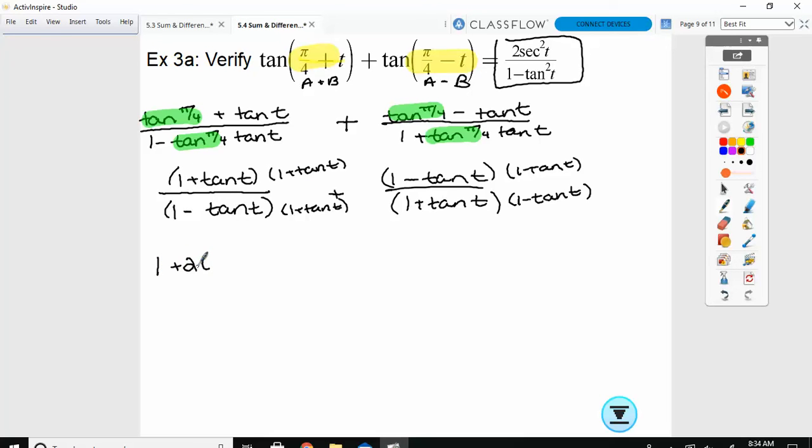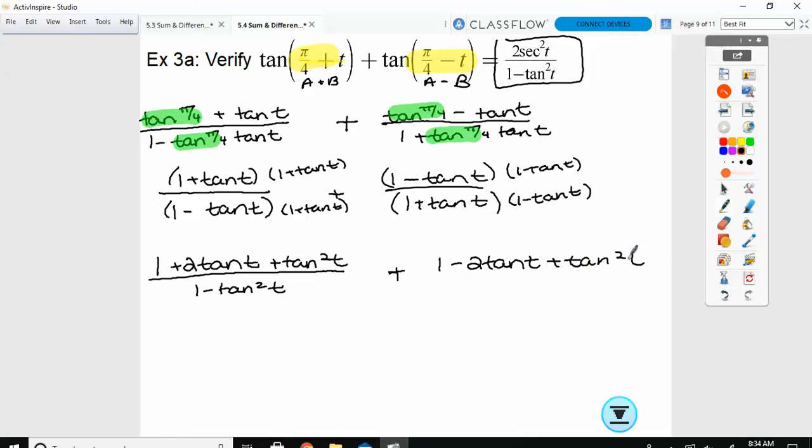So if we FOIL, we get 1 plus tangent t, and plus tangent t is plus 2 tangent t, plus tangent squared t. And that's over 1 minus tangent squared t. This one, when I FOIL, I get 1 minus 2 tangent t plus tangent squared t over 1 minus tangent squared t.